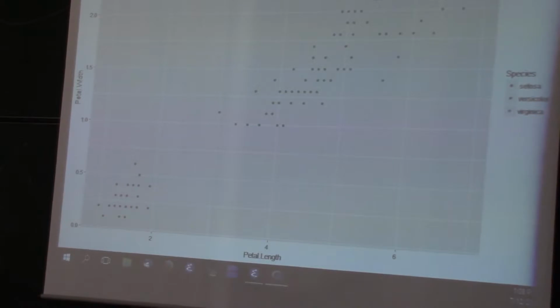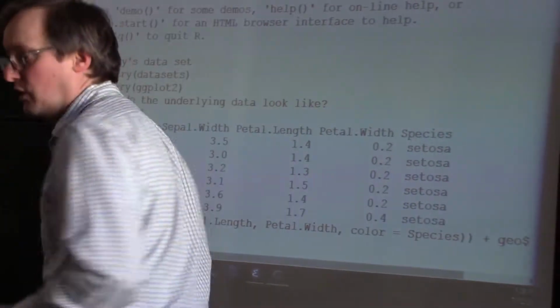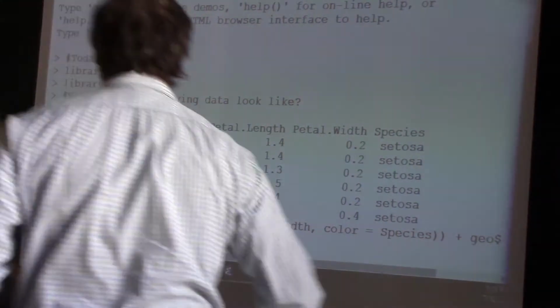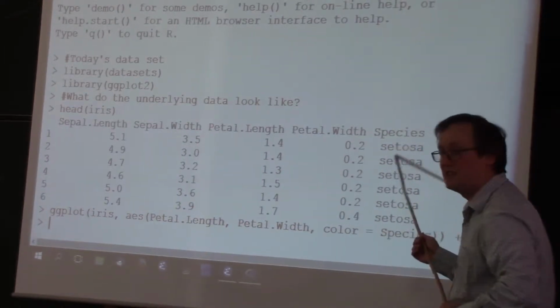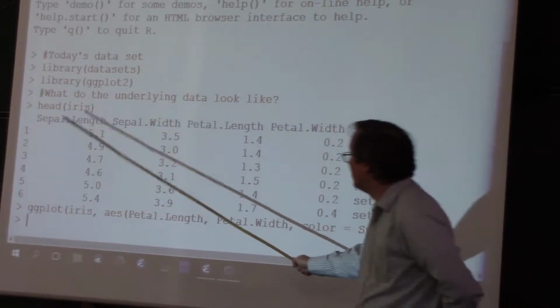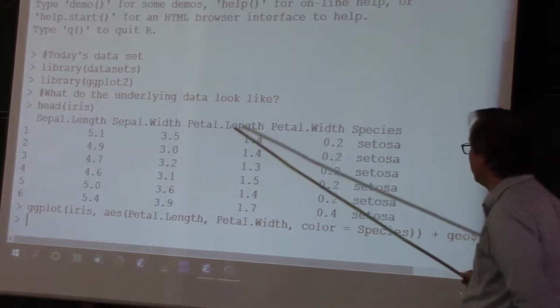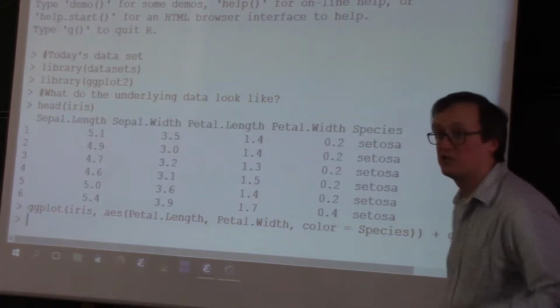Okay, so Iris has several fields for us to work with. We have sepals and petals, and we have a species indicator. So these are measurements of sepal lengths and sepal widths, these are petal lengths and petal widths, and then we have a species name that's been associated with it.